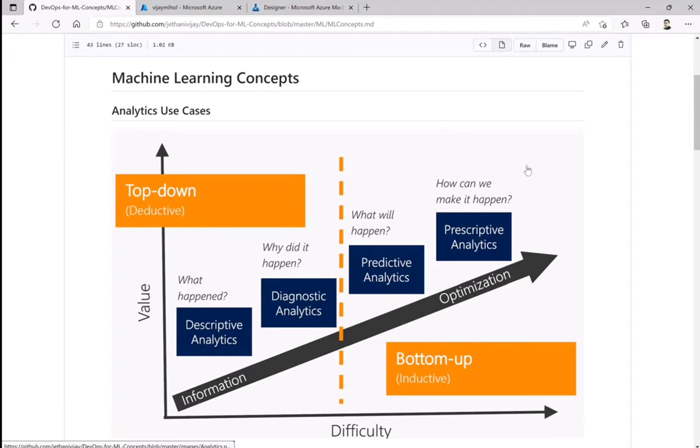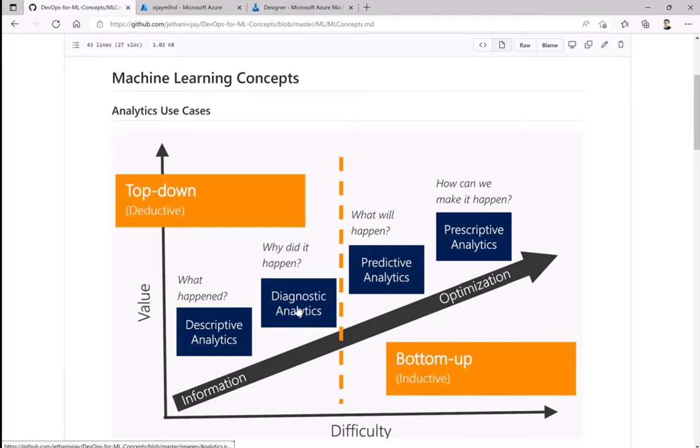Okay, so if you correlate predictive analytics and prescriptive analytics, this is where your machine learning will sit in. Ideally, for descriptive and diagnostic, our dashboards are sufficient to give you that analytic information in the form of graphs or something that shows this happened. You can always go to the historical information, but that does not require machine learning.